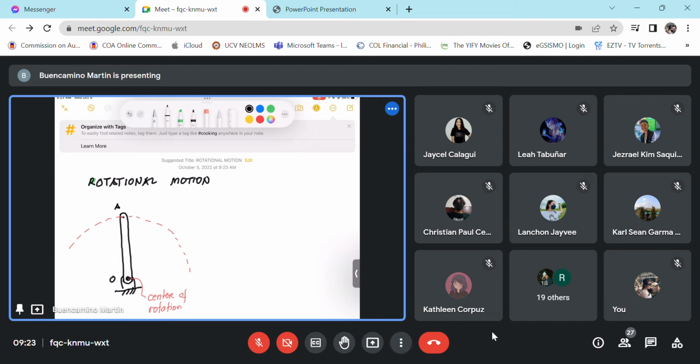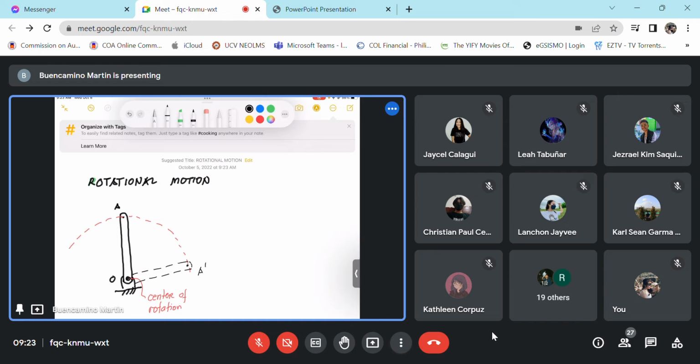Now, let's imagine that this link has a partial rotation as shown in the drawing. It rotates like that, so that this point A is said to have been displaced from A to A prime.